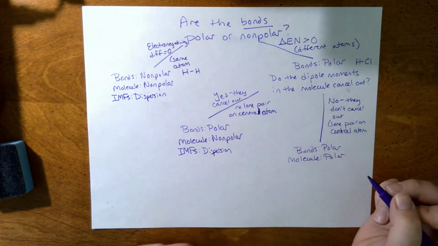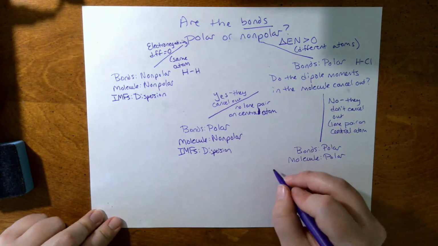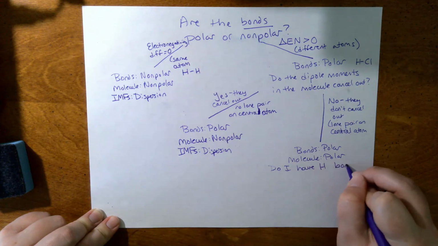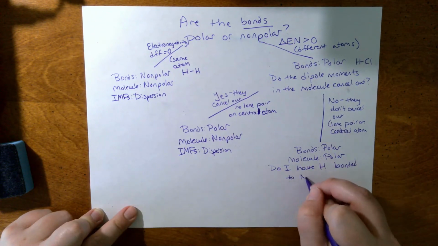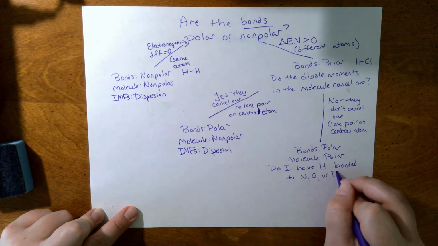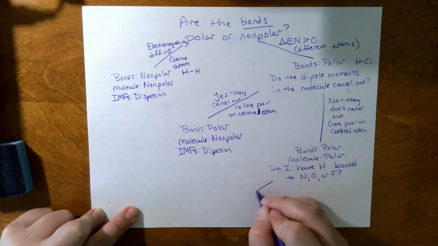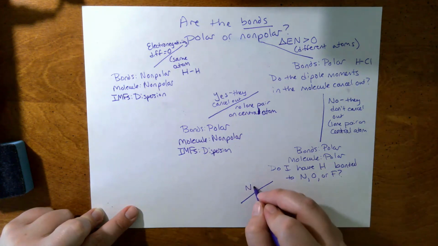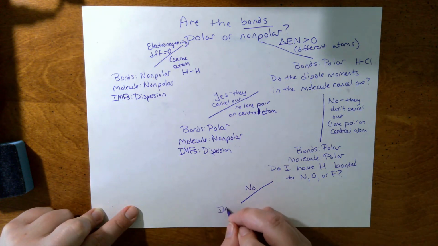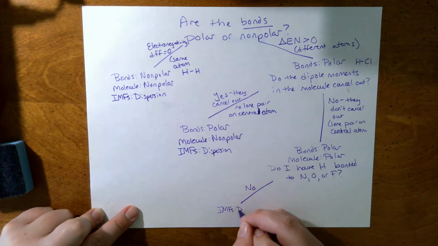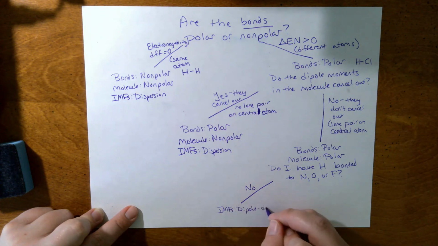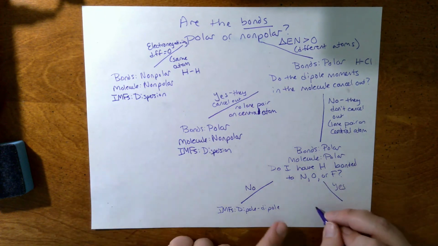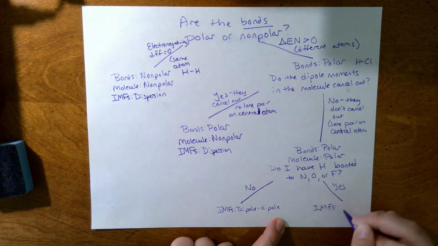But then I have to ask myself another question, which is, do I have hydrogen bonded to nitrogen, oxygen, or fluorine? If the answer is no, I don't have hydrogen bonded to nitrogen, oxygen, or fluorine, then my intermolecular forces are dipole-dipole. If the answer is yes, I do, then my intermolecular forces are hydrogen bonding.